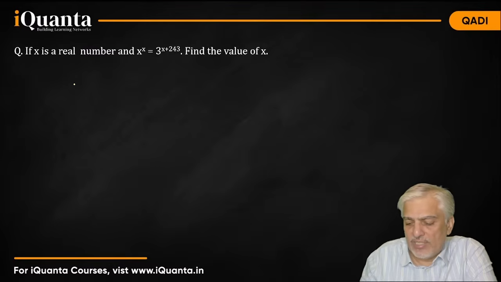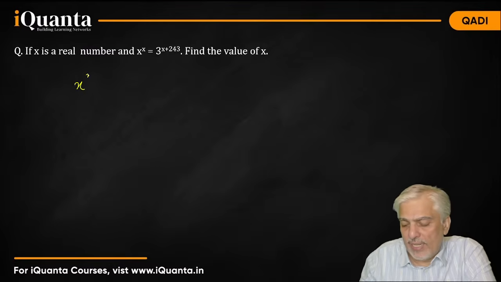I'll just show you the first step, then I would like you to try on your own. X raised to x is 3 raised to x multiplied by 3 raised to 243.